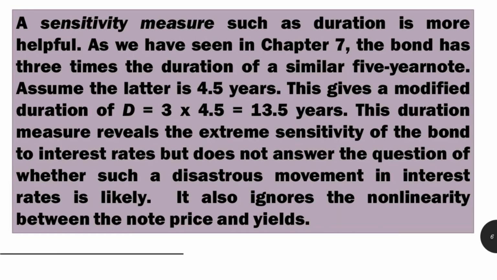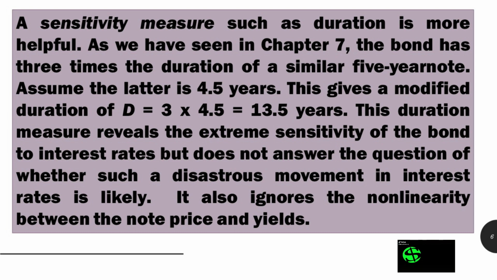Then, what about a sensitivity measure such as duration? It is more helpful. As we have seen, if the bond has 3 times the duration of a similar 5-year note, assume the latter is 4.5 years.